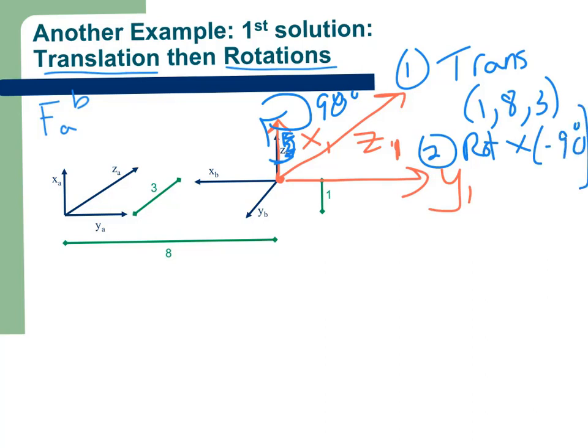And after I do that, maybe we'll switch to green. Now that I've rotated by -90 degrees, the y of this new frame, frame 2, is aligned there. The x2 is still pointing up.